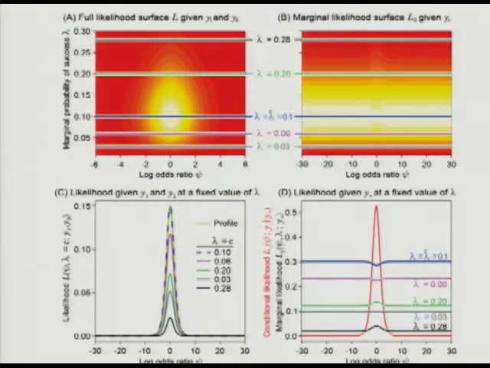The relationship here: these colored horizontal lines show the actual values of the marginal likelihoods. For example, if you take this value here, this is equal to the conditional likelihood here at 0, which is this value, times, say, the magenta curve at 0.06, giving you this value here.